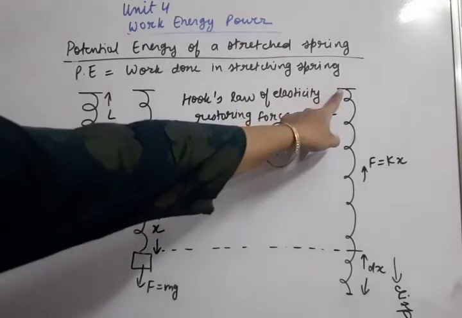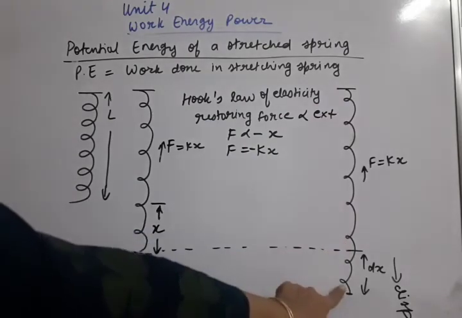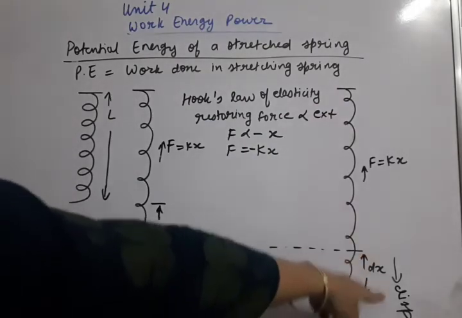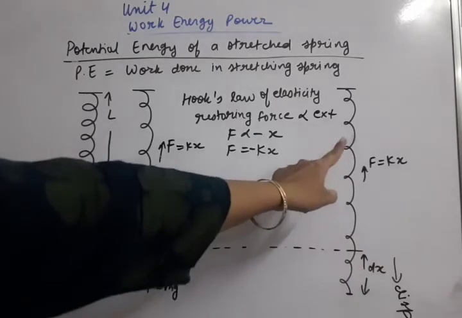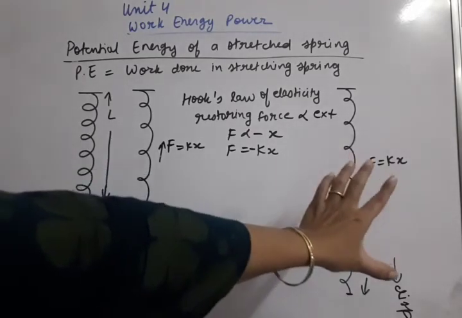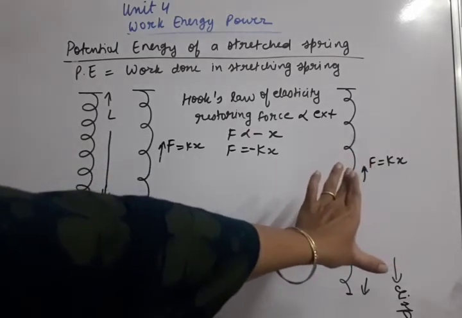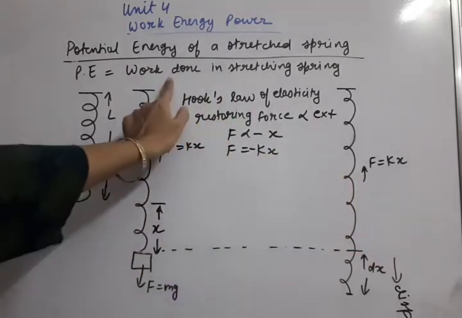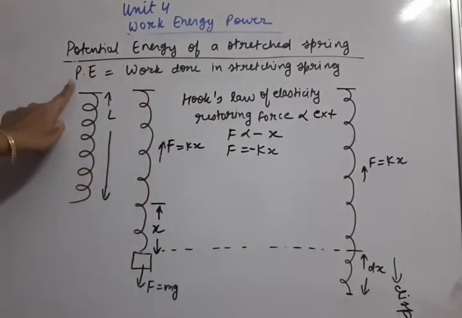Then we have applied a small displacement further in the downward direction. So displacement is down and force is upward. Using these directions, we are going to calculate the work done, which will help us make the potential energy formula. So note down and draw these diagrams.